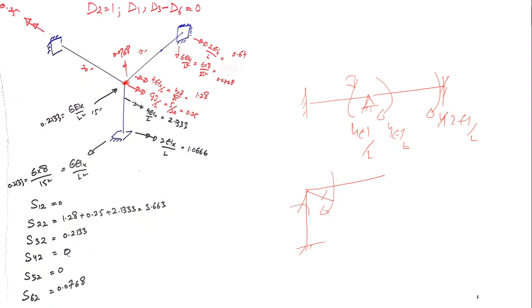So clockwise and clockwise, 4 EI by L, and this would be equal to 2 EI by L.